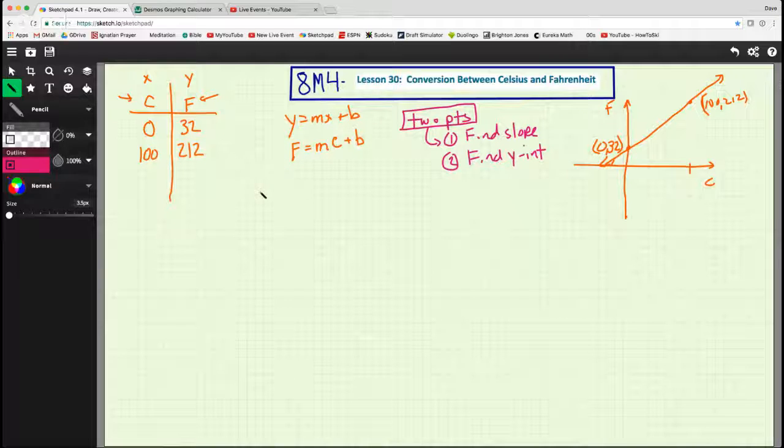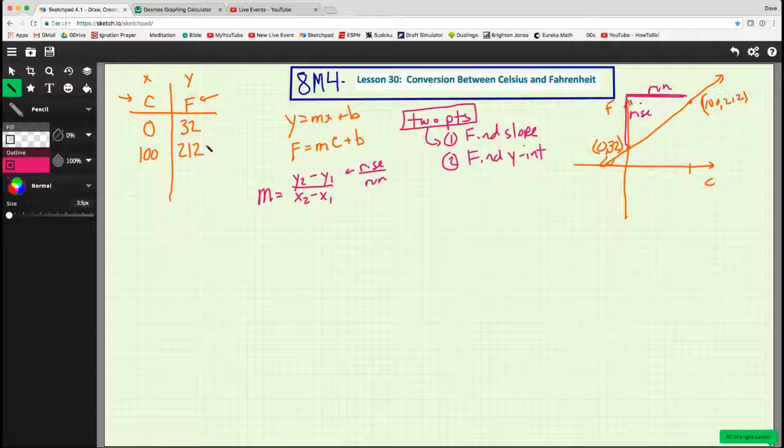Okay, so remember our formula. Our slope is equal to the difference in y's over the difference in x's. This is our rise over our run. Our rise is the difference in y's, and our run is the difference in x's.